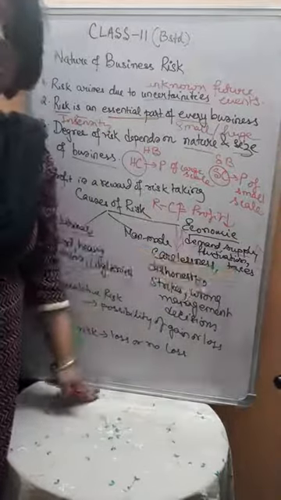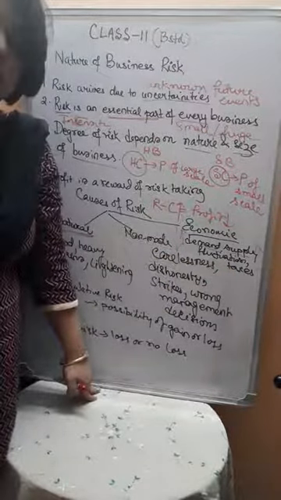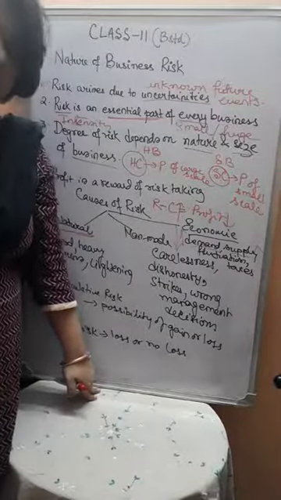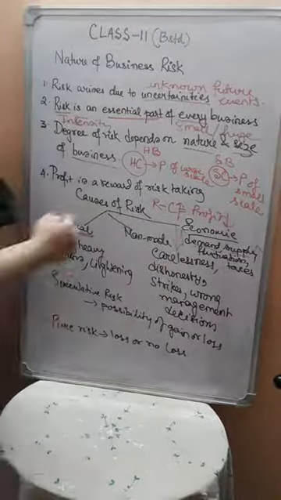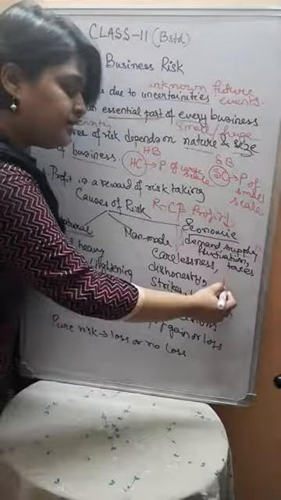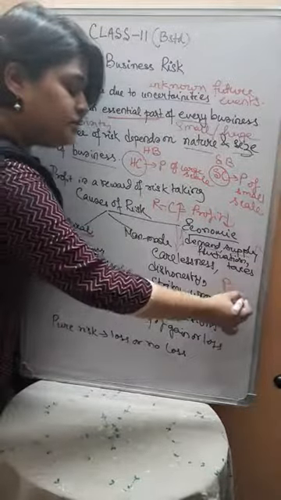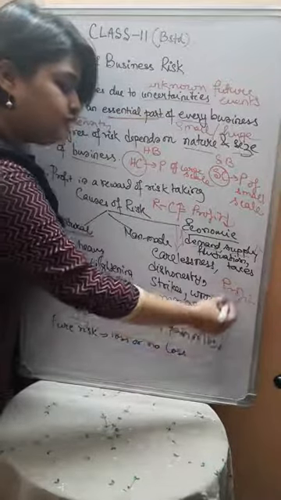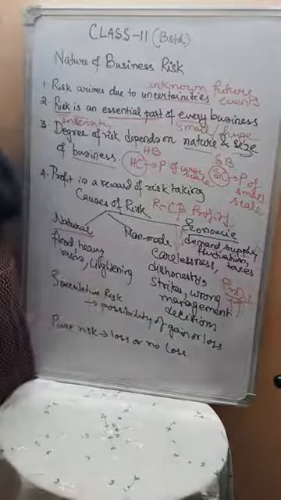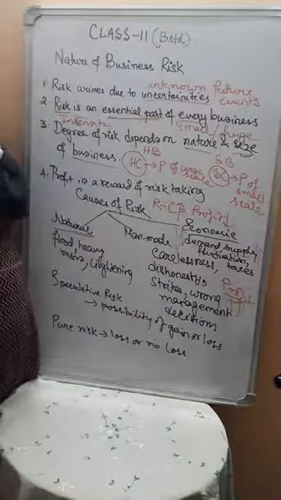Then taxation policies. Now the government charges tax. If the government increases tax on the business houses, then out of whatever profit the business is making, tax is charged from income. The business's income is profit. So if tax increases, it results in a cut in income or a cut in profit for the business.